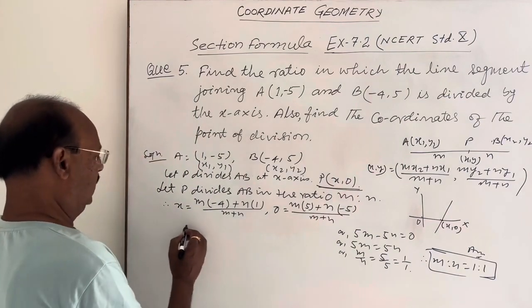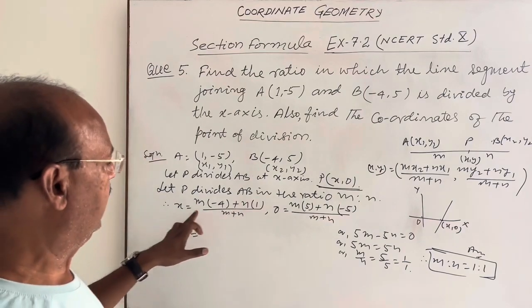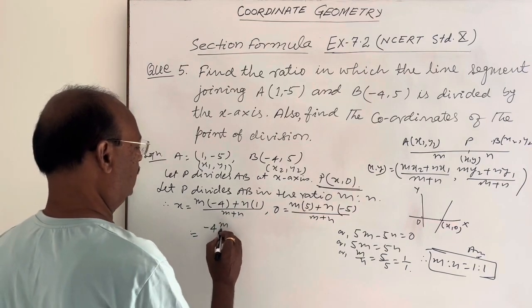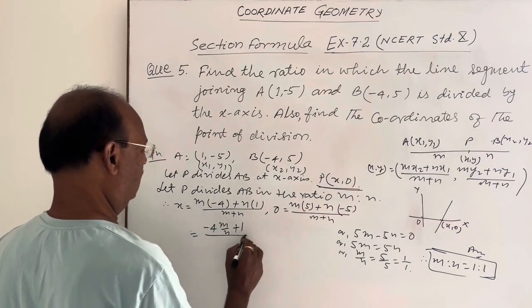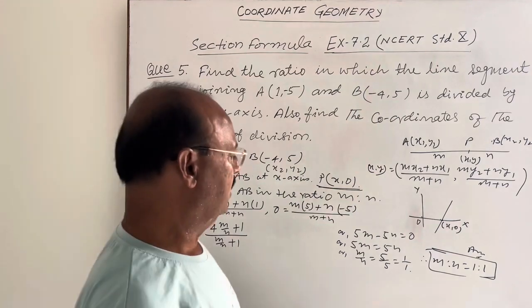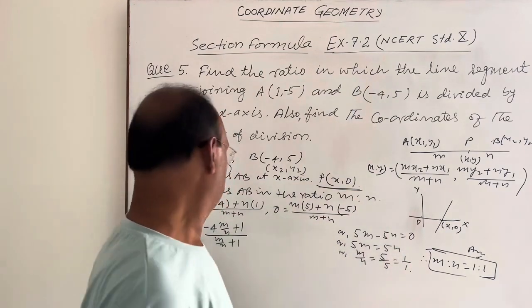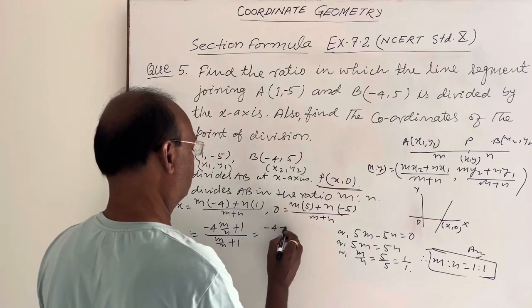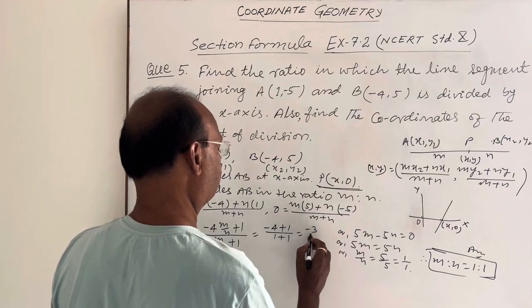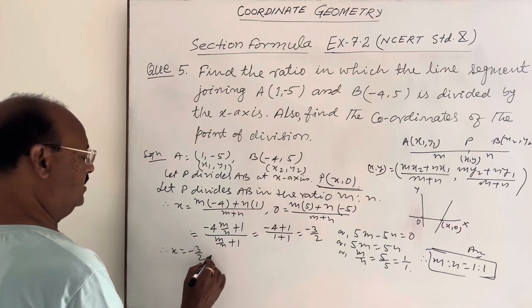So x can be written as, let us divide numerator and denominator by n: (-4 m/n + 1)/(m/n + 1). And m/n is equal to how much? m/n is equal to 1. So this is equal to (-4 + 1)/(1 + 1), which is equal to -3/2. So the value of x is -3/2.